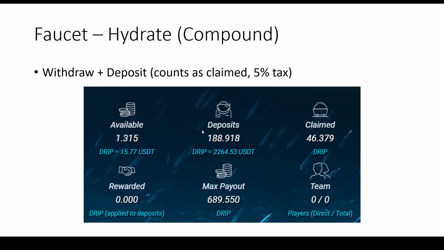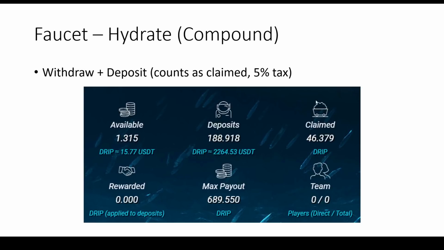So whether I clicked the claim button or the hydrate button, this 1.315 is going to be added to my claimed. Let me say that again: whether I claim this or hydrate this, that amount of tokens will be added to my claimed.